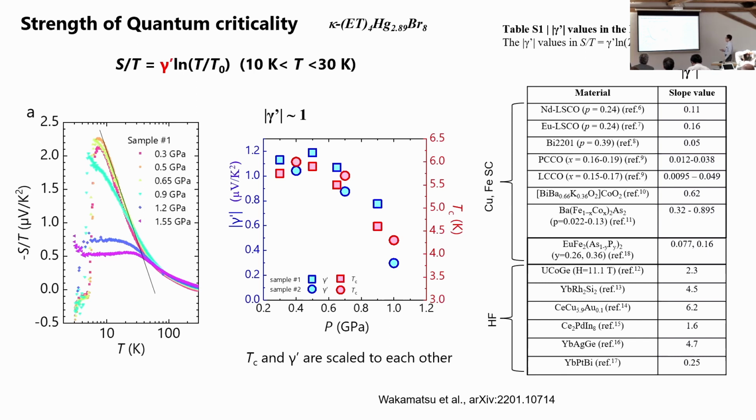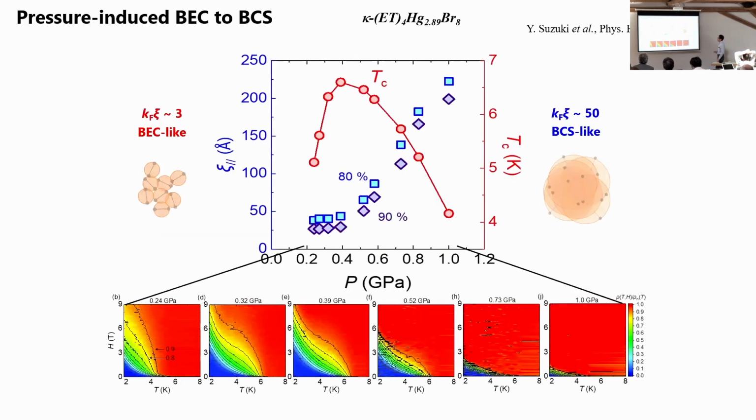And these values are smaller than in the heavy electron materials, where the gamma prime values are very, very high. This quantum criticality is in between the heavy electron systems, and the cuprates and iron superconductors.